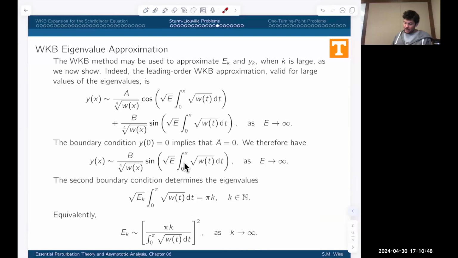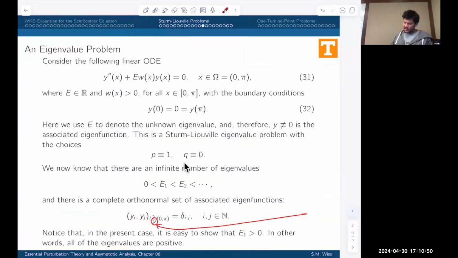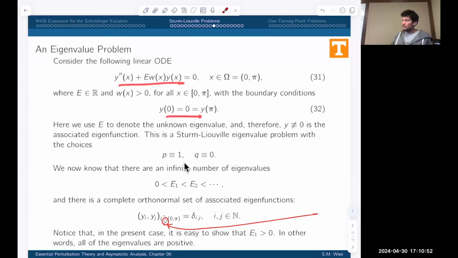All right, so now we can approximate the solutions to this equation if we think about E being a large number. Because think about it, if E is large, I can throw E over to here and just divide through by E, and a large E now becomes 1 over a large number.